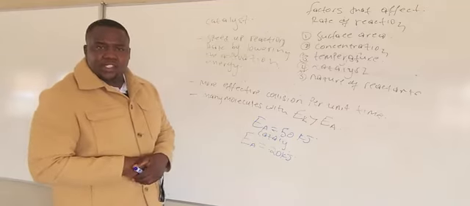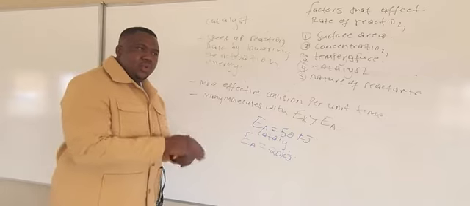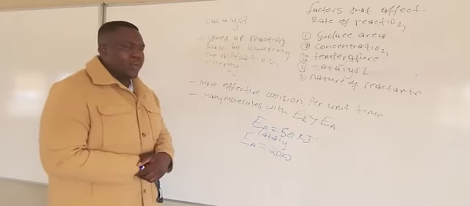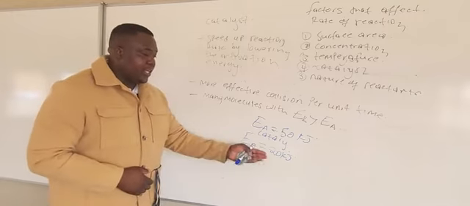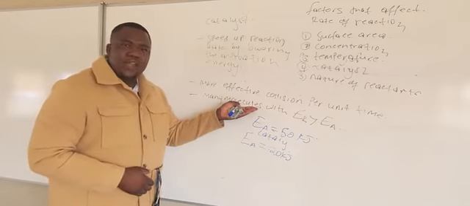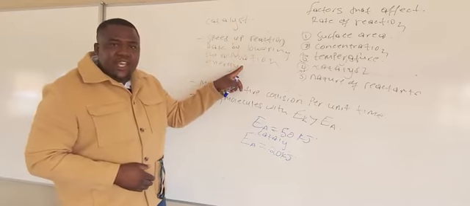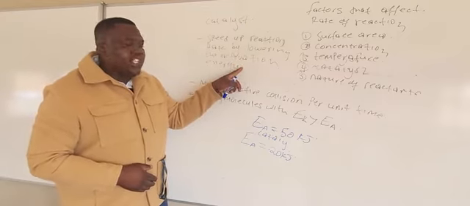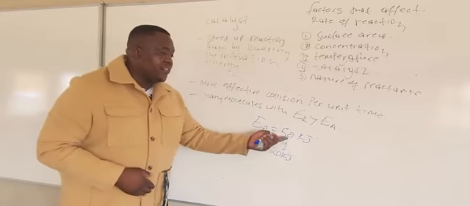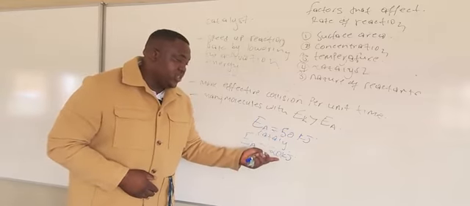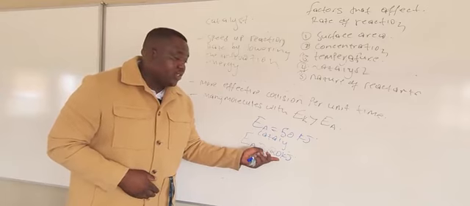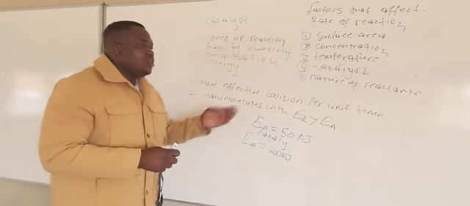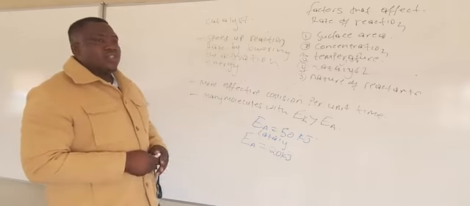Even the lunch box money your parents give you, you can save it and go and buy that 50 rand car because it is cheap. So it means the rate of reaction will be faster. Why is it faster? Because they've reduced the activation energy. In order for that reaction to be activated, it will no longer need 50 kilojoules, it will just need 20 kilojoules. So it will be easy to get 20 kilojoules, then the rate of reaction will be faster. There will be more effective collisions.